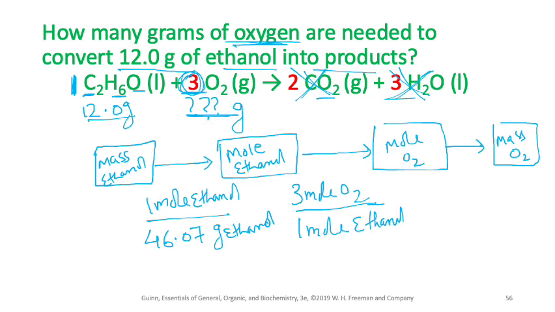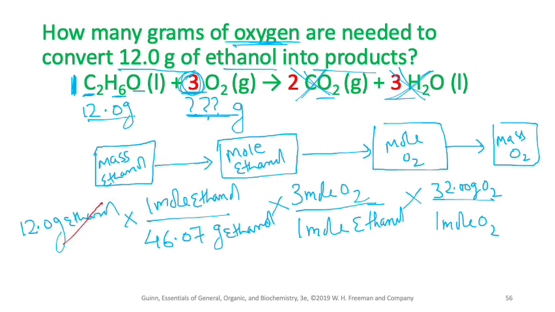So this is how you connect. And once I get the moles of oxygen, I can get the mass. So by rule, I can say 1 mole of oxygen is equal to 32.00 grams of oxygen. Once you have all the conversion factors, multiply with your given number of ethanol, which is 12.0 grams of ethanol.